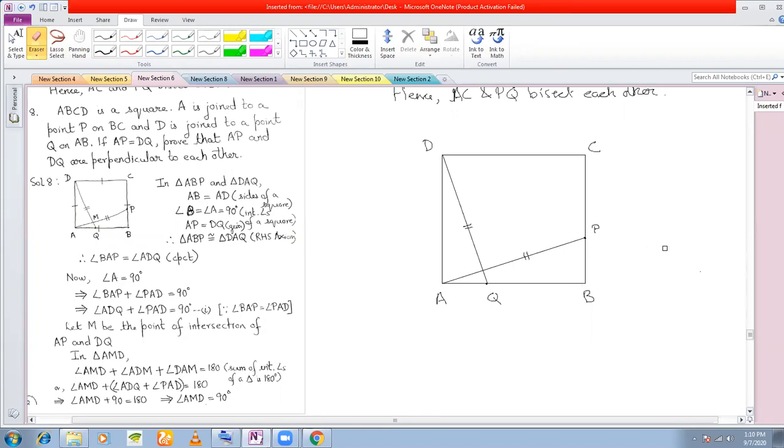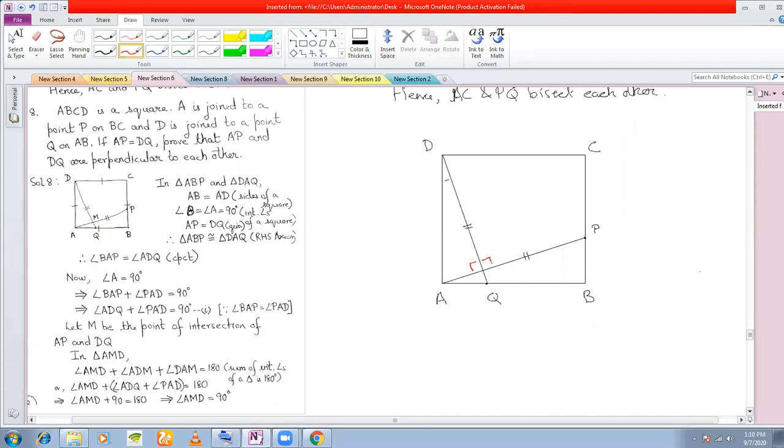I want to show that this angle is 90 degrees, or I can show that this angle is 90 degrees, same thing.